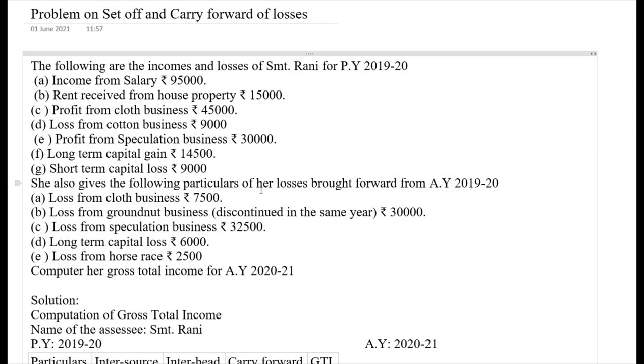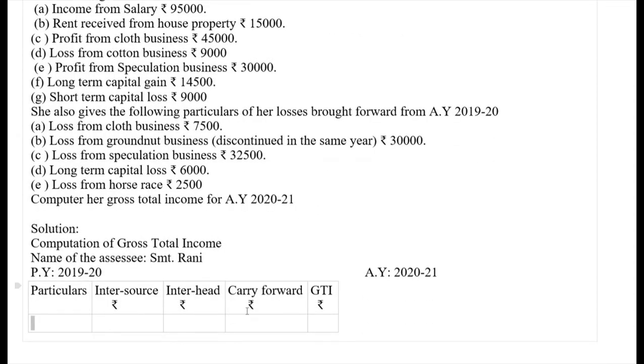Against 8,500, the short-term capital loss of rupees 9,000 can be adjusted. So the remaining short-term capital loss of rupees 500 can be carried forward to the next assessment year. Then there is a loss from a horse race which cannot be adjusted here, and even it cannot be carried forward. So now let us go for calculating here.